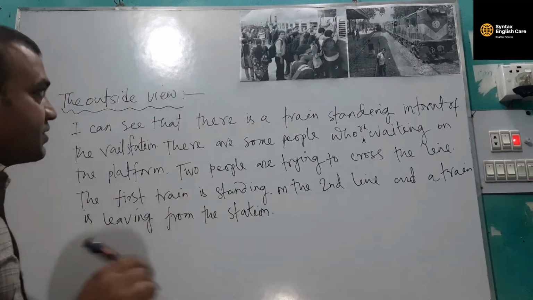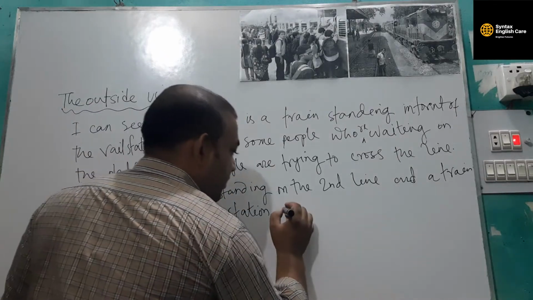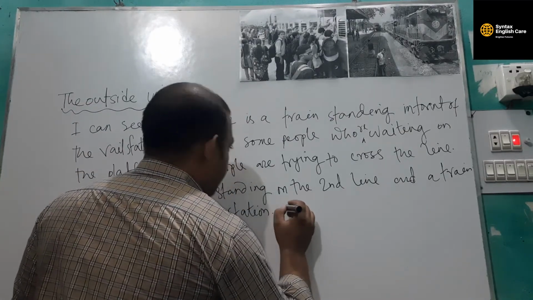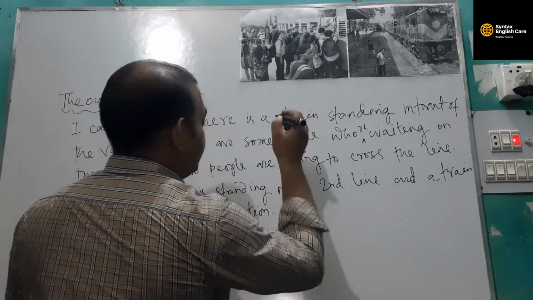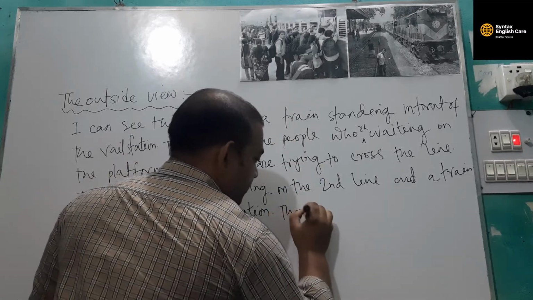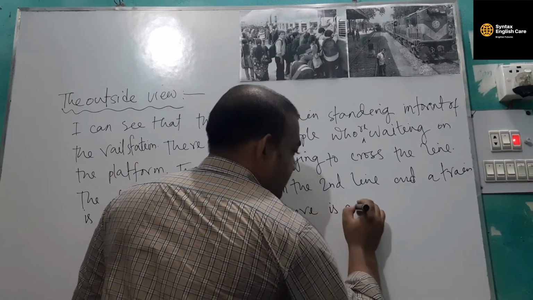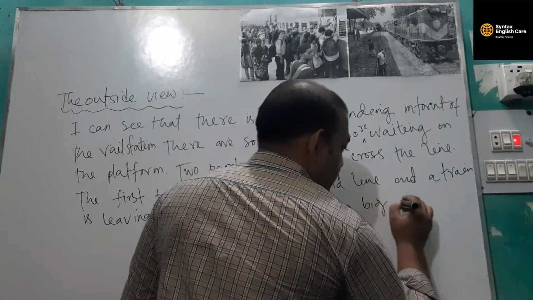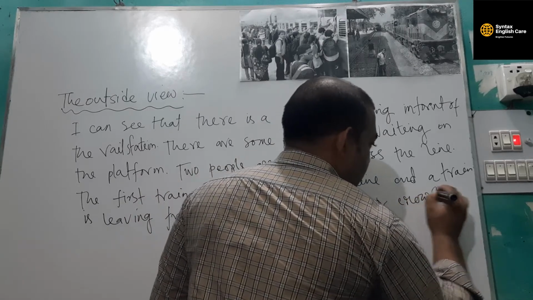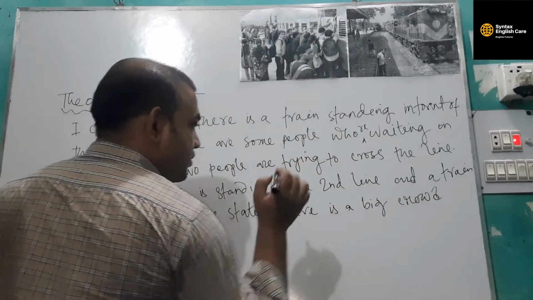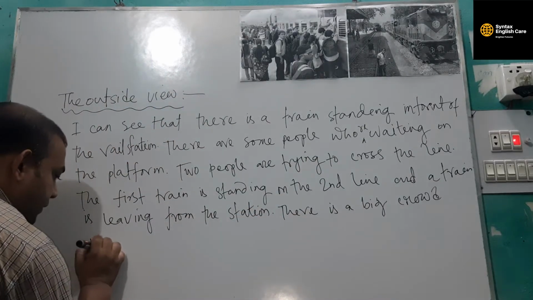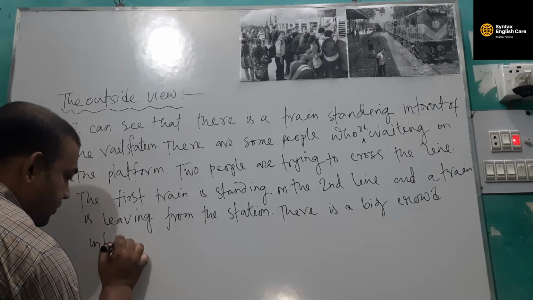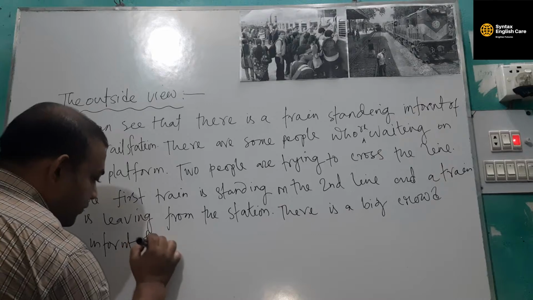Okay, so in the second picture, there is a crowd. In picture 2, there is a big crowd in front of the train.